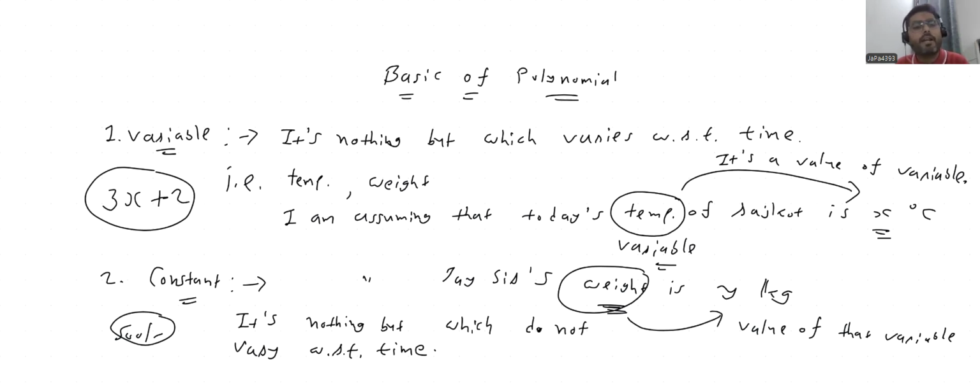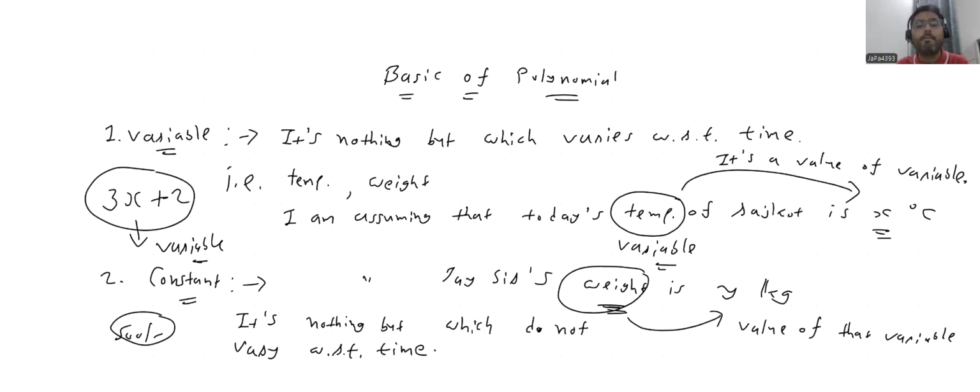That's why if you find any x, y and z, then you can directly say that these are the variables over here. It means that x is a value, but for study cases it can be considered as a variable.